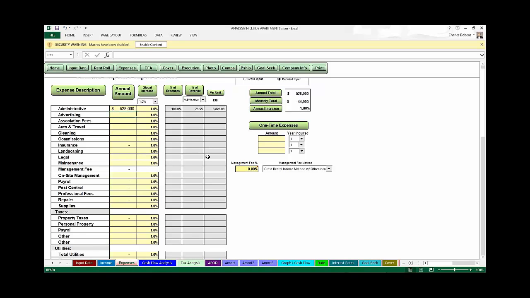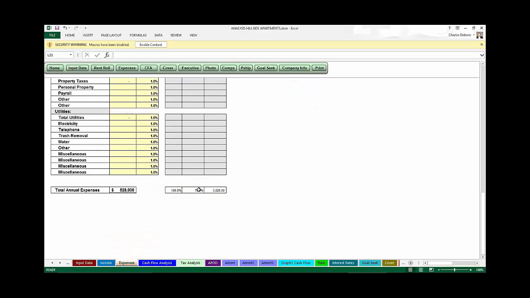When I put that number in there, the number that I then look at down here is 73.5%. This thing absolutely is running like a very hot, all bills paid property. And at a 73% expense ratio, that is incredibly high. That is a tough number to get your hands around.